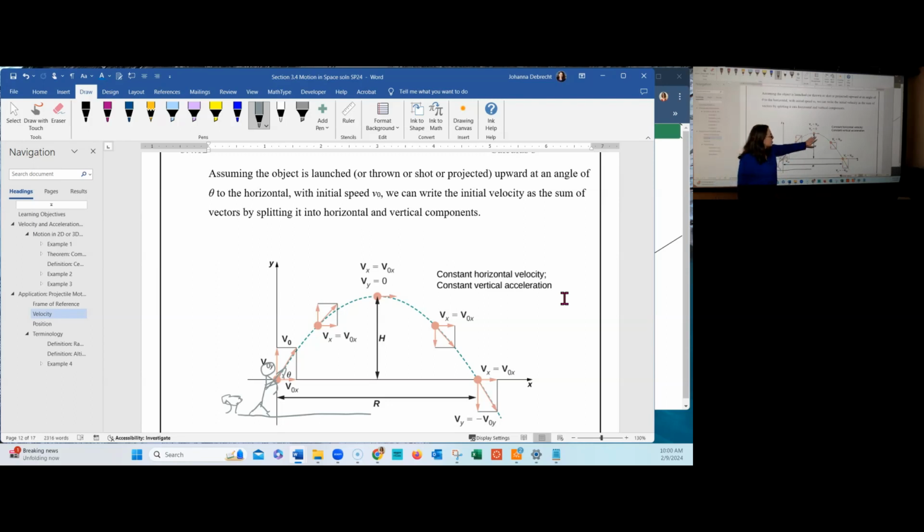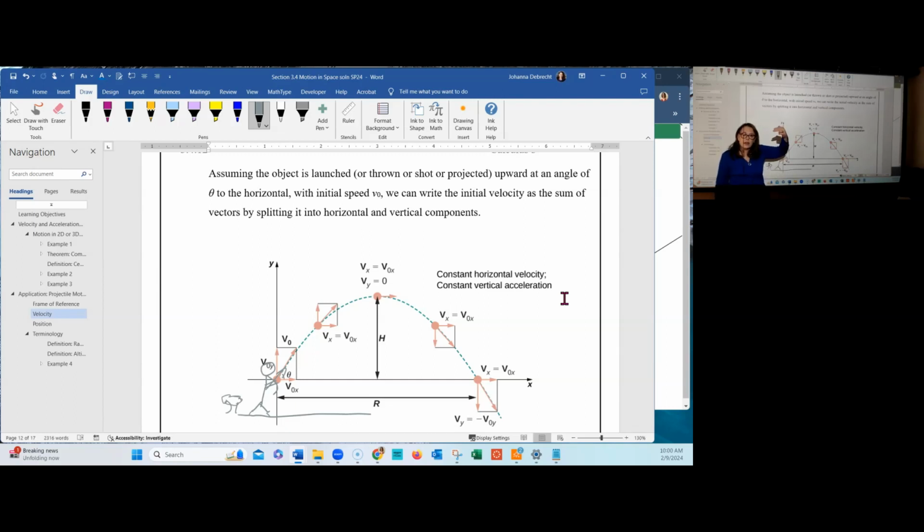Notice that at the apex, the vertex of the parabola, the highest point in the trajectory, at that one instant it stops moving up but hasn't yet begun to fall.